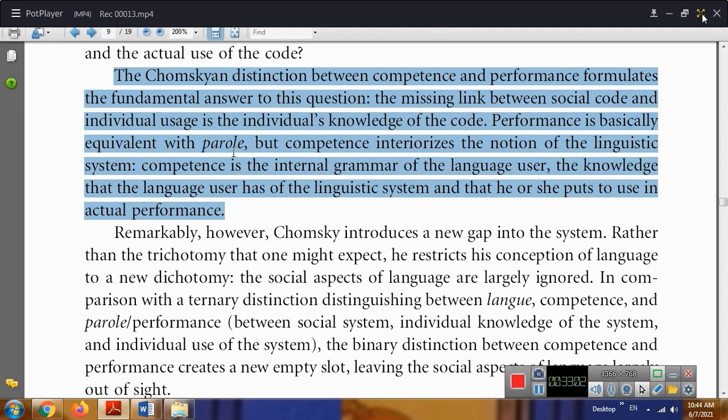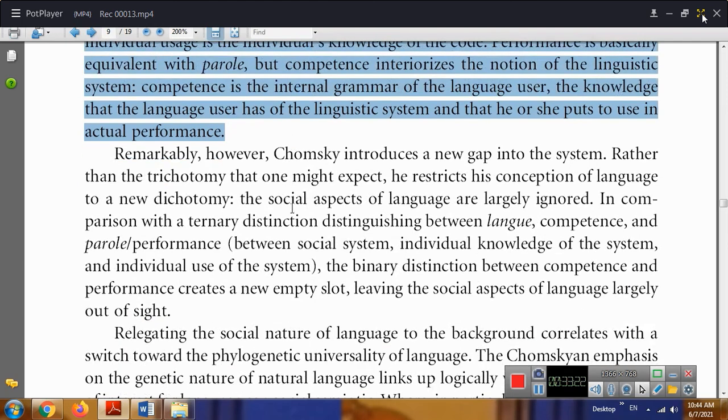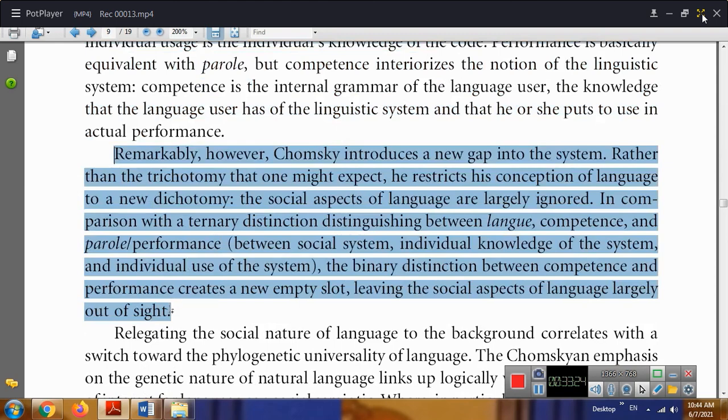Performance is basically equivalent with parole, but competence arises as the notion of the linguistic system. Competence is the internal grammar of the language user, the knowledge that the language user has of the linguistic system and that he or she puts to use in actual performance.